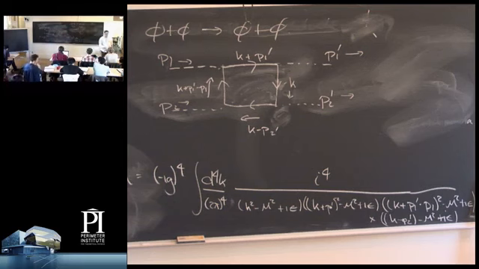If you did this computation without skipping steps, you would have 4 delta functions, and then you integrate only 3 times, so you should get a delta function in the end. Yeah, the delta function at the end would be the sum of all of them equals 0. That would be the overall delta function, and that's what we've stripped off when writing down this amplitude. So the actual S minus 1 comes with the delta function, but I've just removed it. Okay. Yeah.